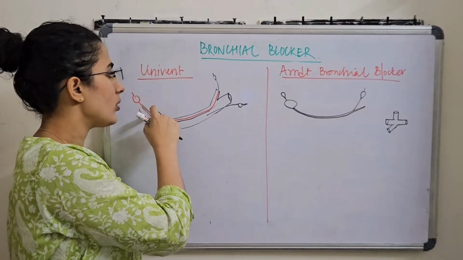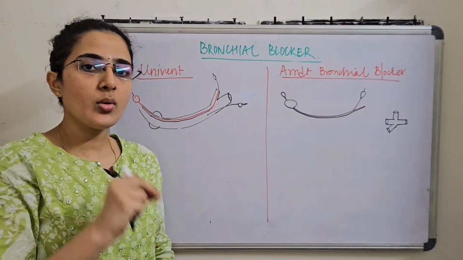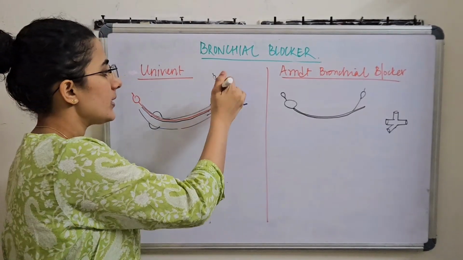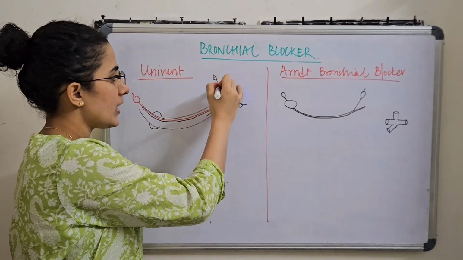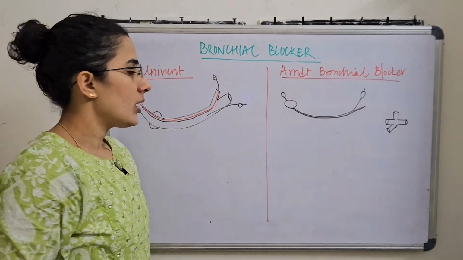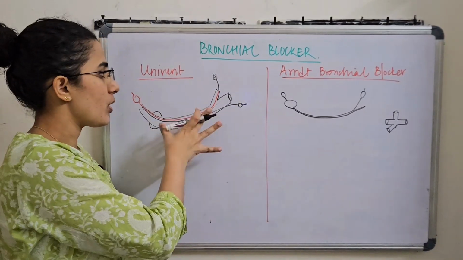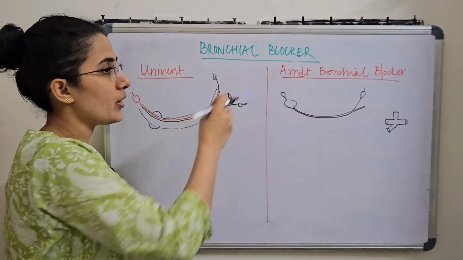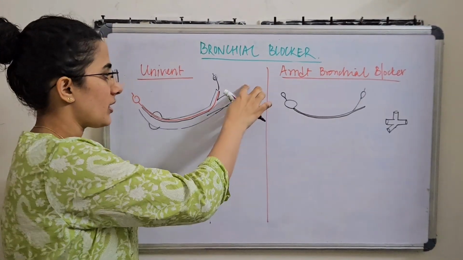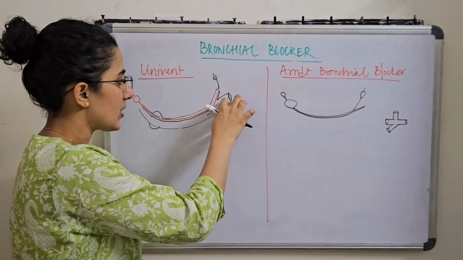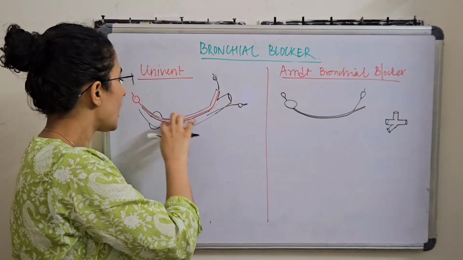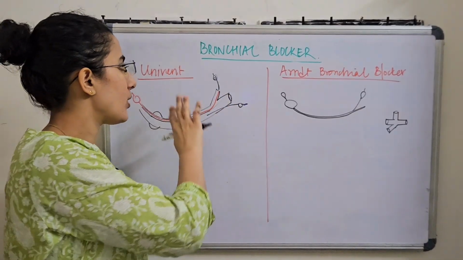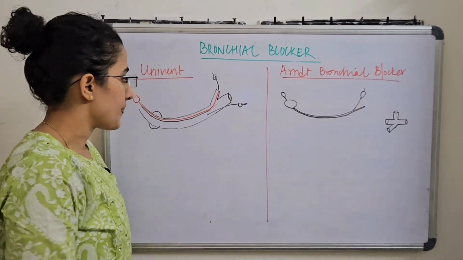It contains its own cuff, which is a low volume high pressure cuff with a pilot balloon and an inflation line of its own, right? Whenever we put this bronchial blocker, we use a fiber optic bronchoscope through the tracheal side, that is through the main lumen, and we position it for one lung ventilation.